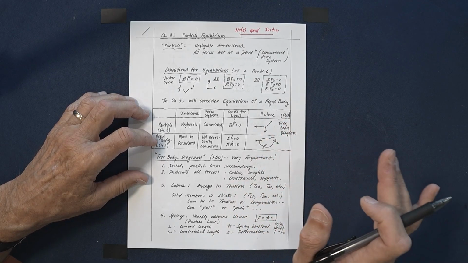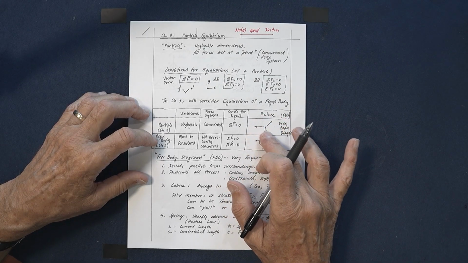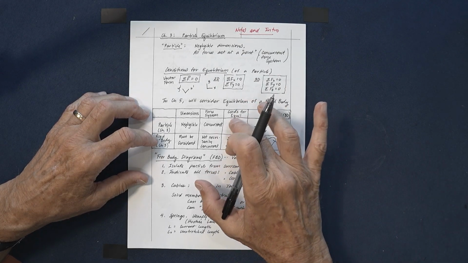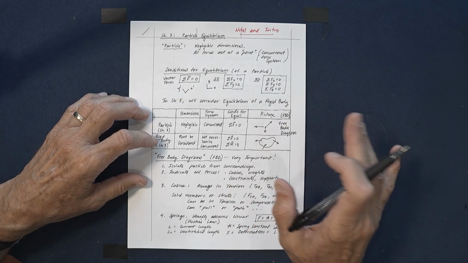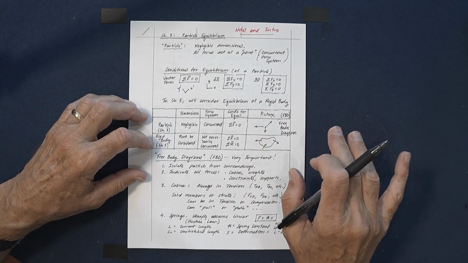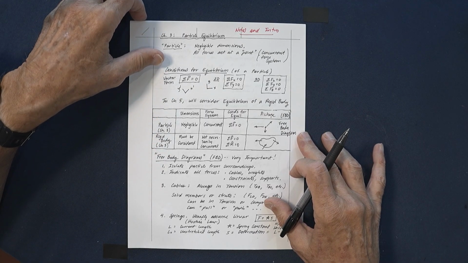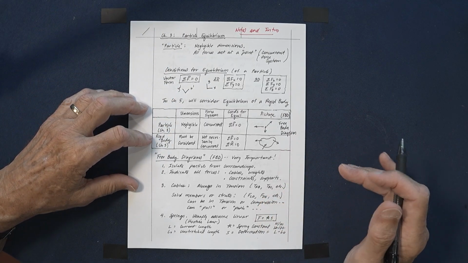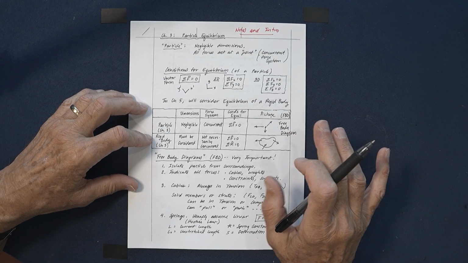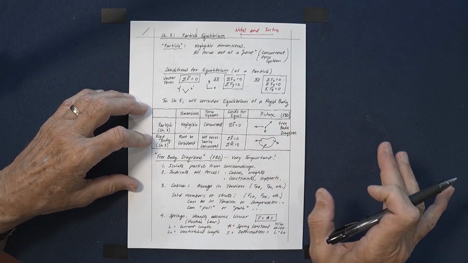I label them, and based on my free body diagram, I write these equations. This is another lesson that you learn in chapter 3 that you have to do throughout the rest of statics, and that is to draw a free body diagram. Super important. So this is chapter 3, particle equilibrium.